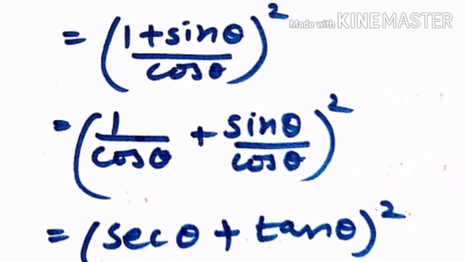But 1 upon cos theta is sec theta, plus sin upon cos theta is tan theta, whole square. The square remains everywhere, but after taking the separate ratios we get (sec theta plus tan theta) whole square. So here we get our RHS in this way.